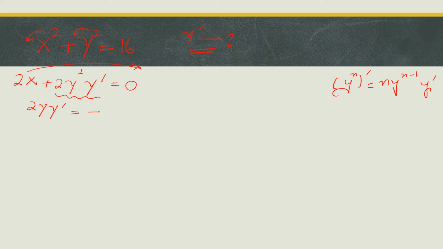So the positive 2x goes to the other side and gives you negative 2x. Divide both sides by 2y, because you have to solve for y prime, and it gives you y prime equals, the 2 cancels with the 2, minus x over y.